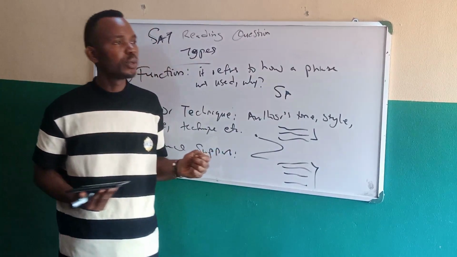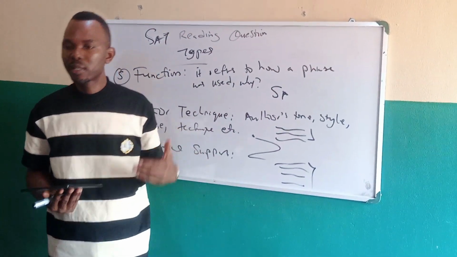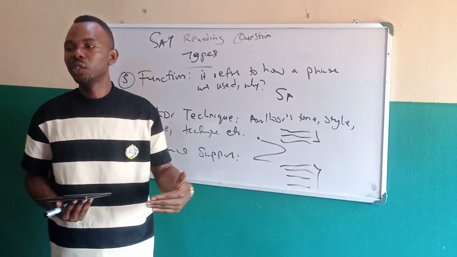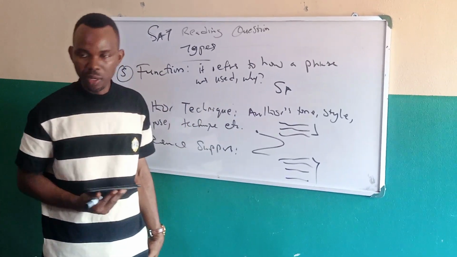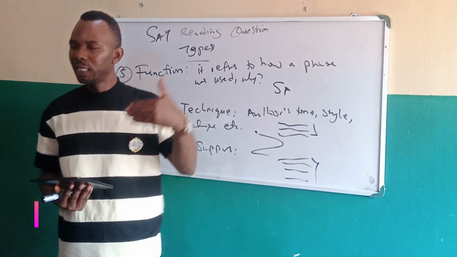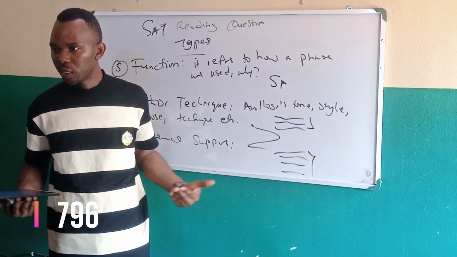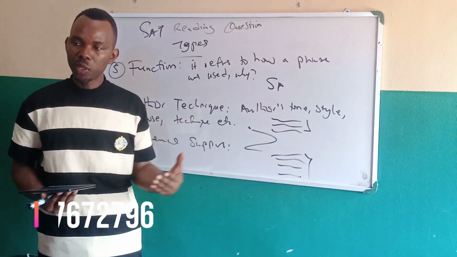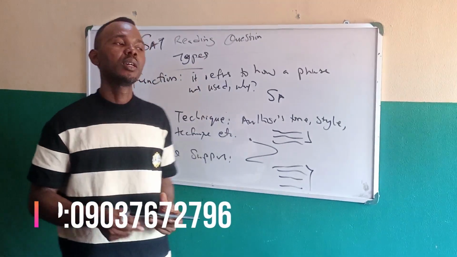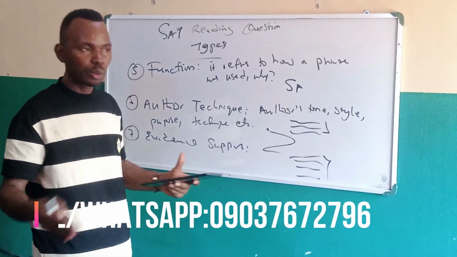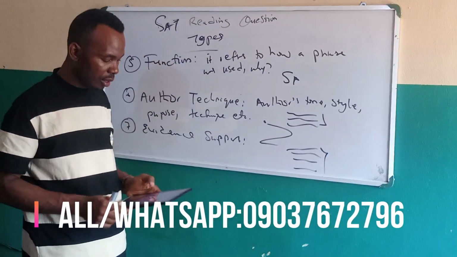For example, if you see however, it means the person wants to say something that is different from what he or she has said. Do you understand? If you see something like additionally, furthermore, it means the person wants to expatiate, to elaborate on what he or she has been talking about. So connecting words are signposts. They lead you to the shift and all of that.